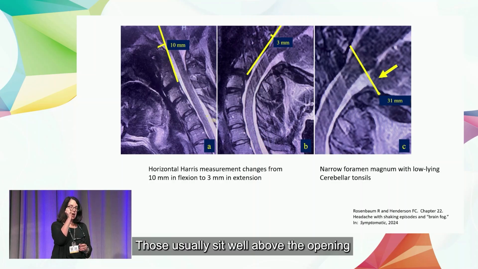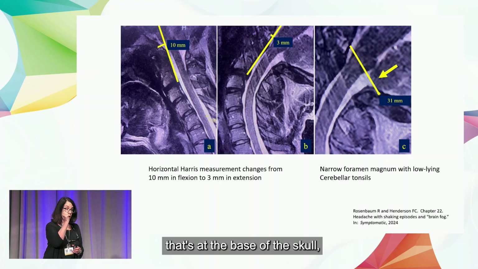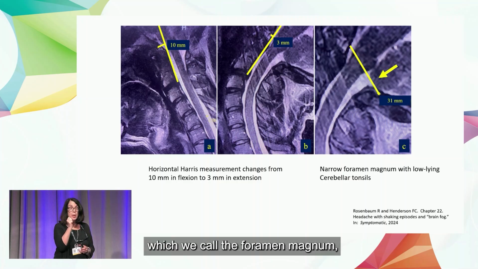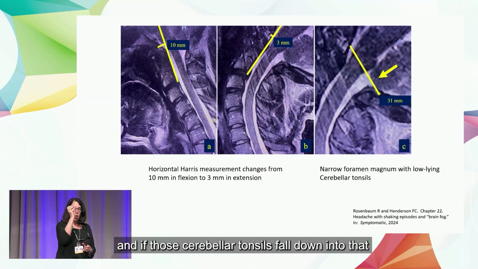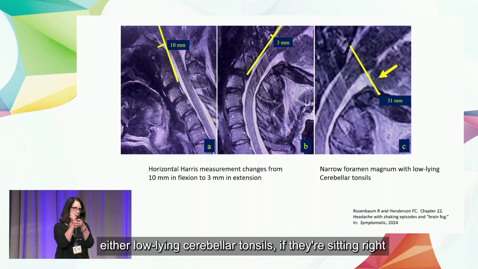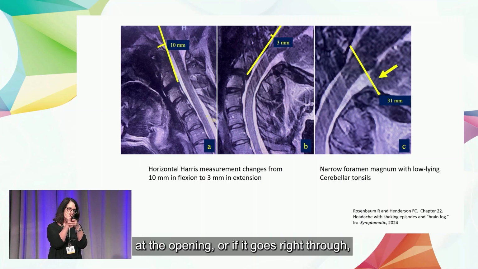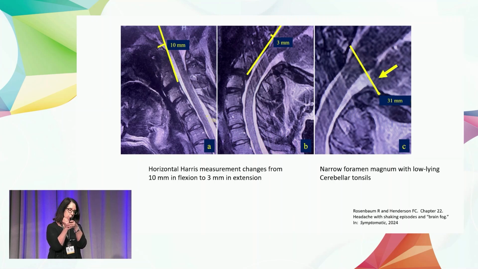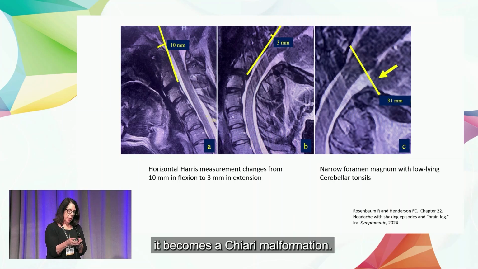Those usually sit well above the opening that's at the base of the skull, which we call the foramen magnum. And if those cerebellar tonsils fall down into that opening at the base of the skull, that is either low-lying cerebellar tonsils if they're sitting right at the opening, or if it goes right through, it becomes a Chiari malformation.